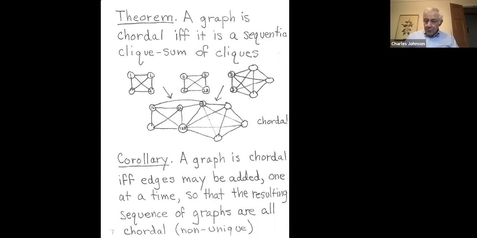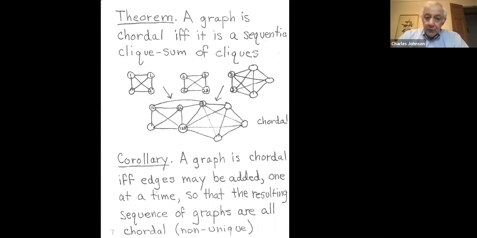And then you continue the process. You pick out a new graph from your pile of cliques, and you clique sum that new graph with the graph you have so far. You continue that process, and what you will get is a chordal graph. And in fact, every chordal graph can be produced in that manner.